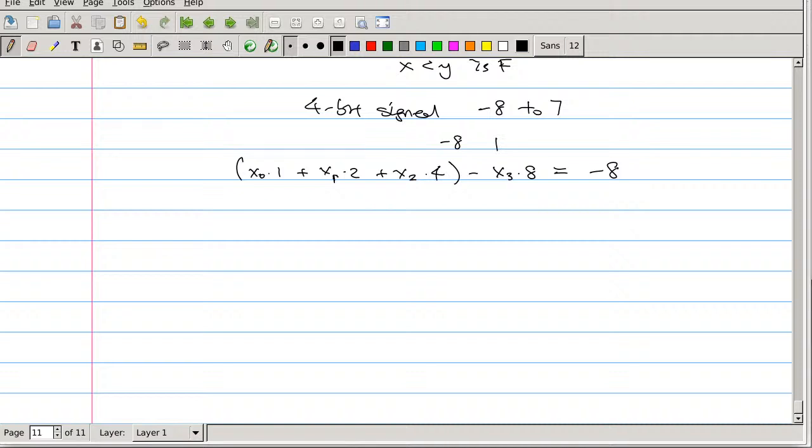Each one can only be a 0 or 1. All zeros for x0, x1, and x2. What about x3? This guy needs to be a 1, doesn't it? Yes. So the other ones are all zeros, like so. That means 1, 0, 0, 0 is representing -8 in base 2 with a 4-bit signed representation. Are we good?